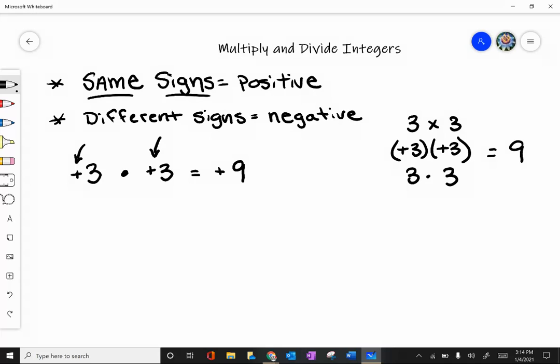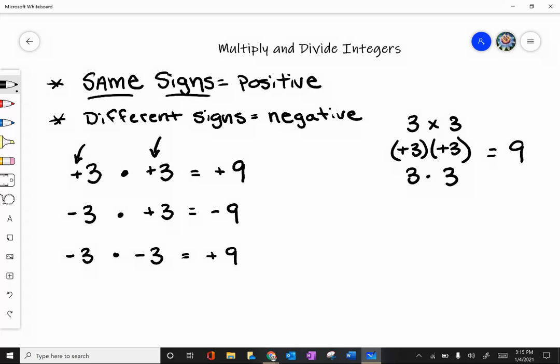If the signs are different, if one of these is negative 3 and the other one is positive 3, that's when the answer becomes negative. So it's still 3 times 3, but since there is one negative, the answer is negative. If they were both negative, they would have the same signs again, and then that would be positive again.